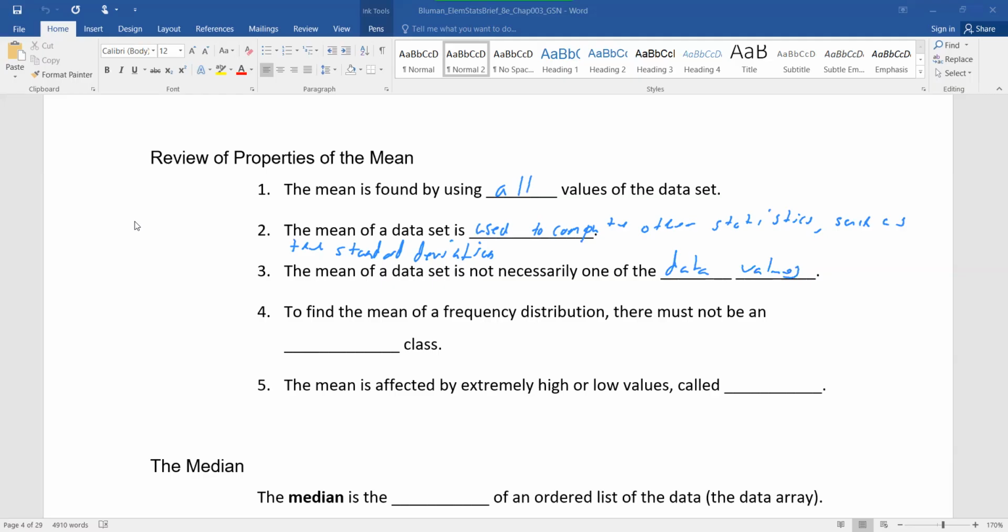To find the mean of a frequency distribution, there must not be an open-ended class.